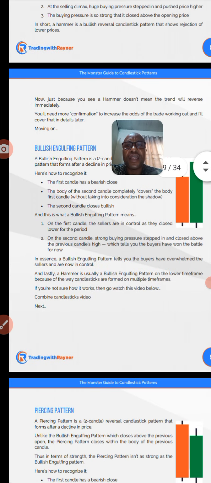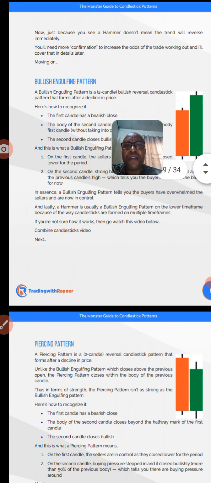Now, we look at the next candle. We have the bullish engulfing. In our previous video, I told you that whenever the high of a bearish candle, the last down candle, has been violated or engulfed, that validates that price is going to go high.